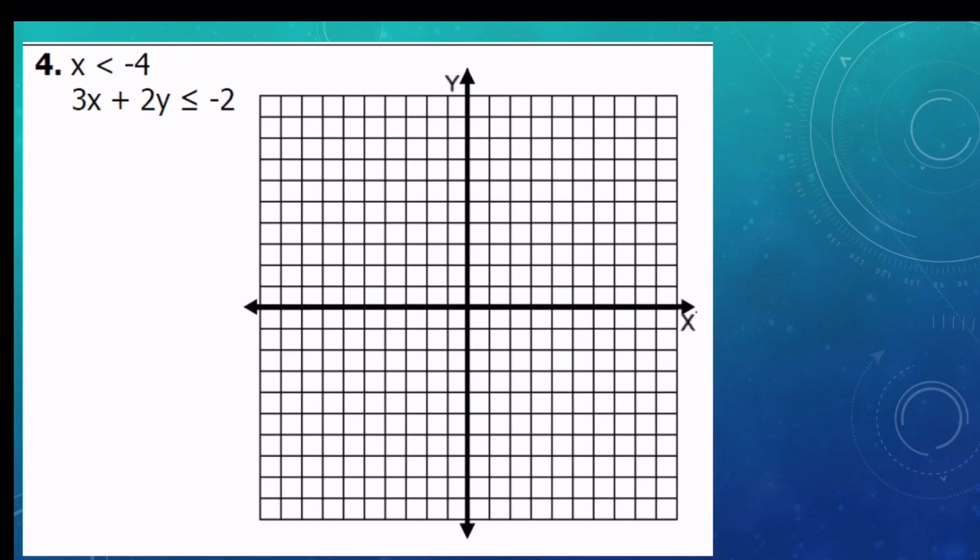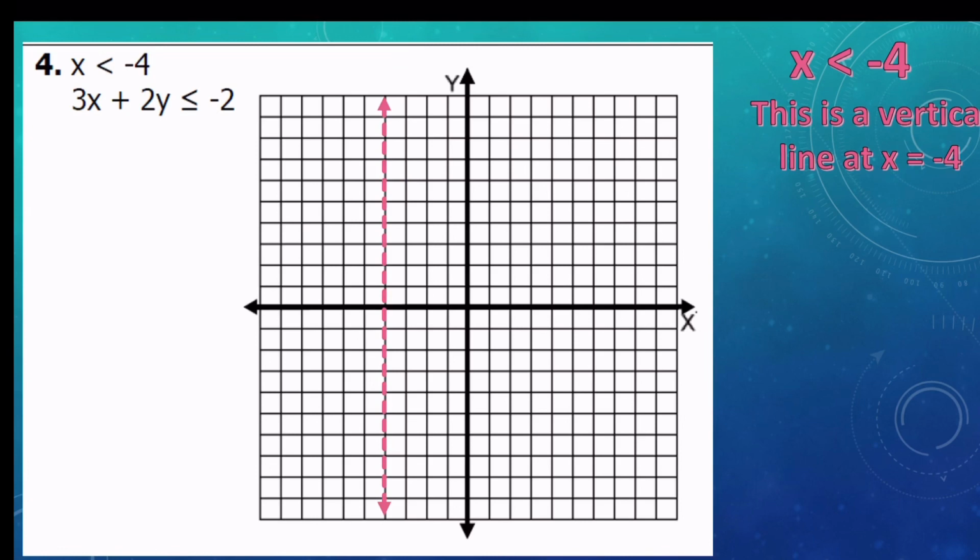Okay, so here we are. Look at this one. Remember what we did last night? I have x is less than -4. Remember, it's a vertical line at x equals -4. It should be dashed because my symbol does not have the or equal to.